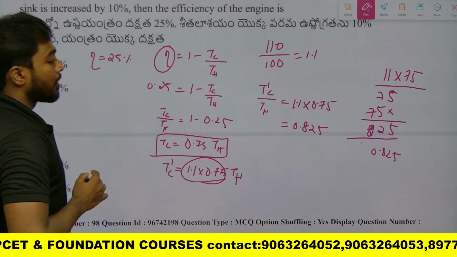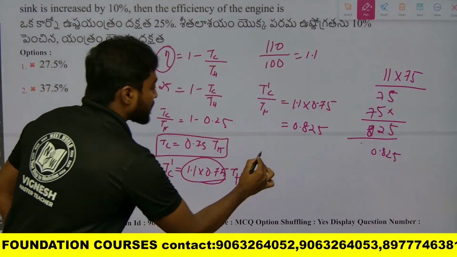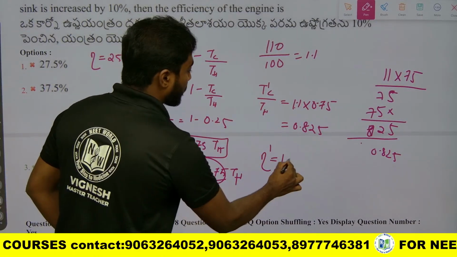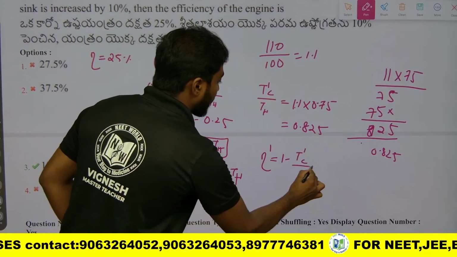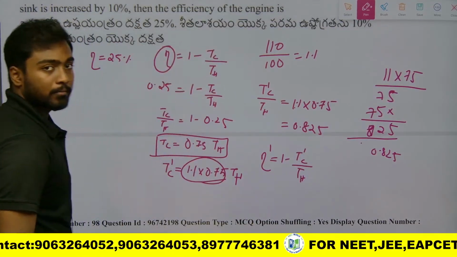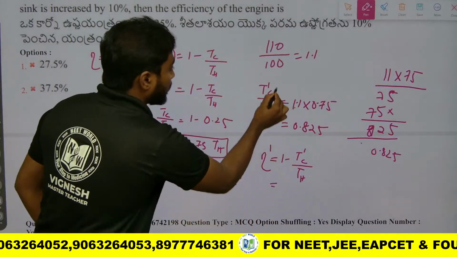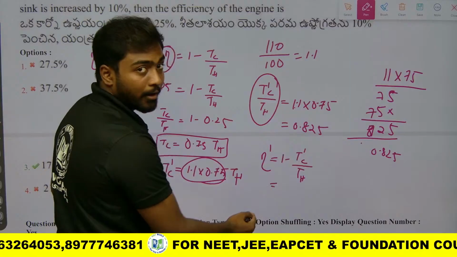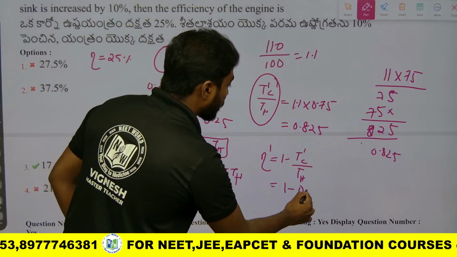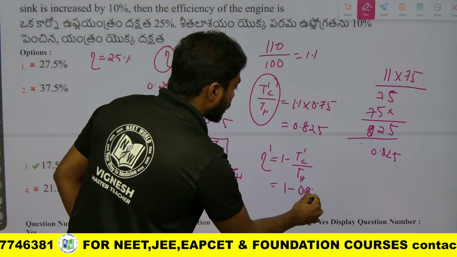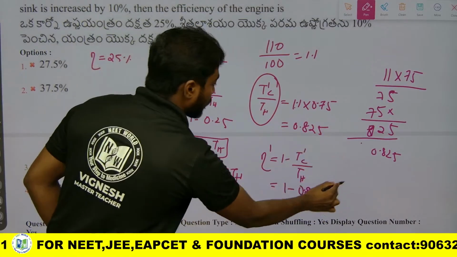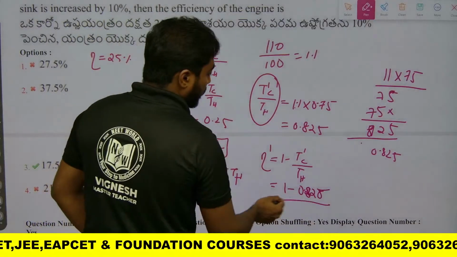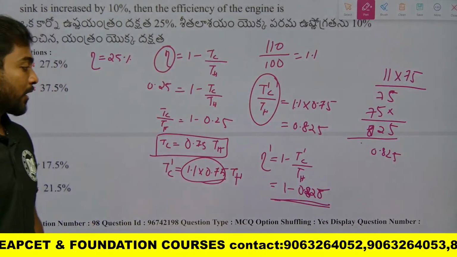Now the efficiency I need to find. The new efficiency, eta dash, equals 1 minus T dash C by Th. We know that T dash C by Th equals 0.825. So 1 minus 0.825, this will be my new efficiency.